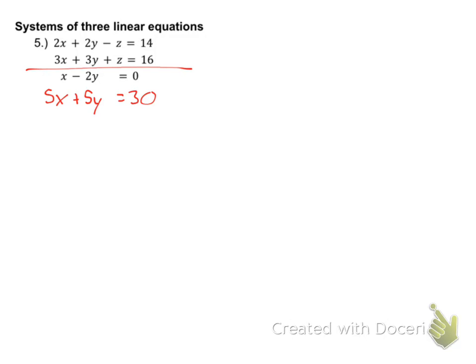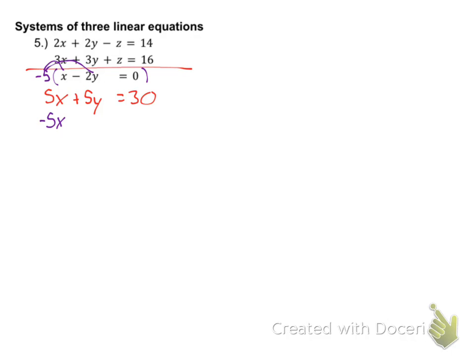Okay, so how are you going to get rid of those x's to make them a 0? It's not multiplying by 5. It's by negative 5. Do you guys see that if I took this equation here, the top one of the new system, and multiplied by negative 5, it'd be negative 5 times x, which is negative 5x.